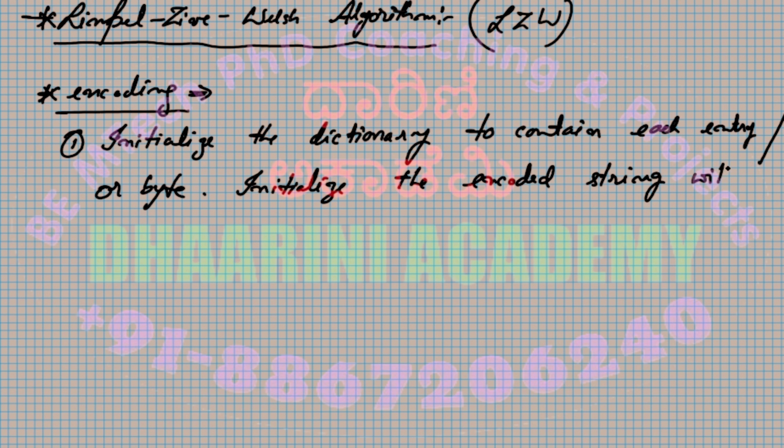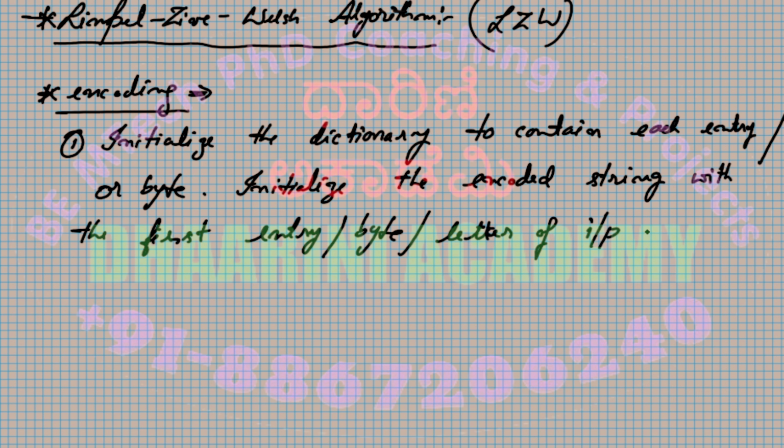You start with the first byte or the first letter, first entry, or it can be byte, or it can be letter, because it depends on what is the problem, of input stream. So normally this will be the first step. I don't have to do anything in this. I have to go to the next byte or next letter, next entry. So that will be the second step.